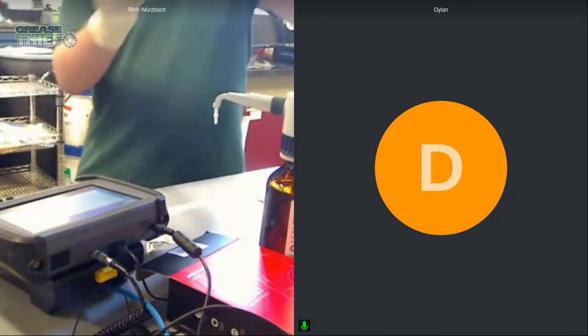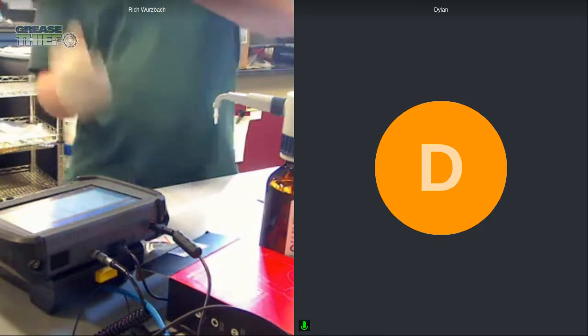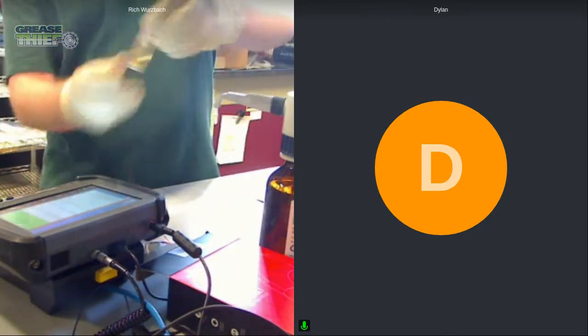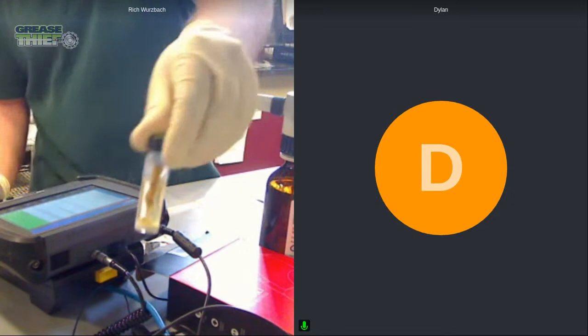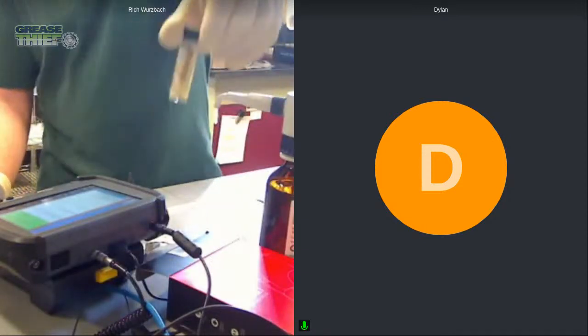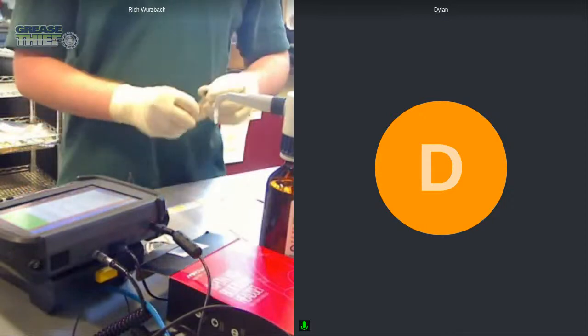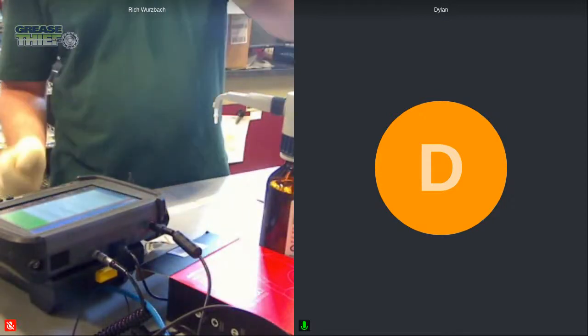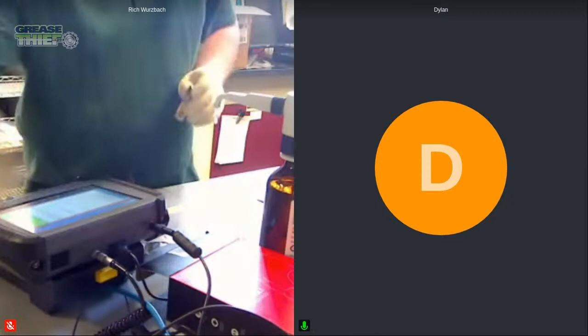Oh, this. Yeah, so this grease here is a used sample. So you can kind of see that the grease is in a dirty condition like that that we're talking about there.